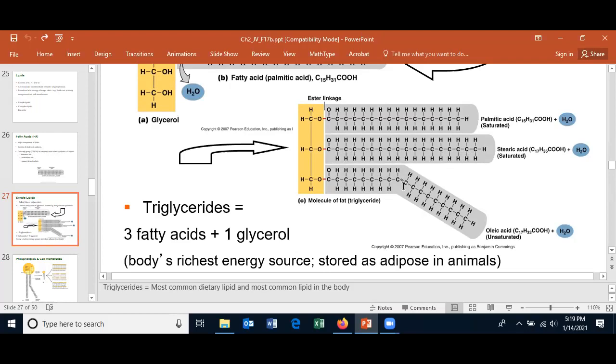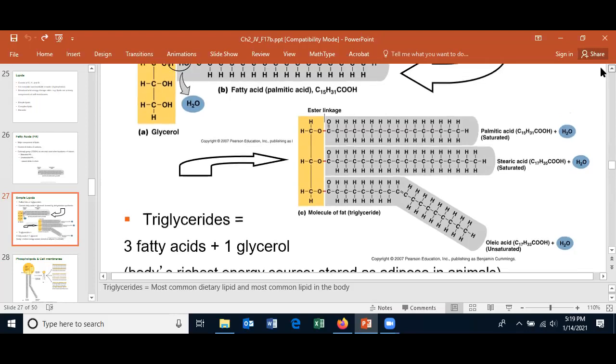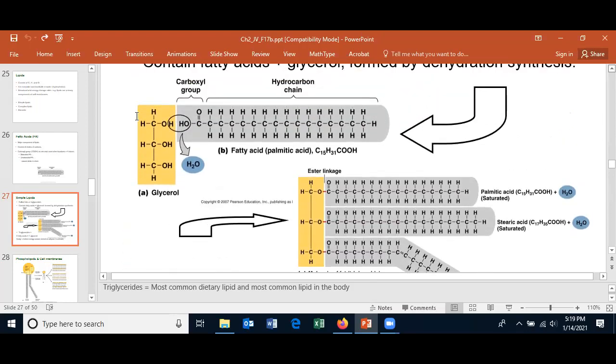All right, so that explains fatty acids. Fatty acids can get together with a glycerol molecule. Here's glycerol right here. And the fatty acid can link together with the glycerol.